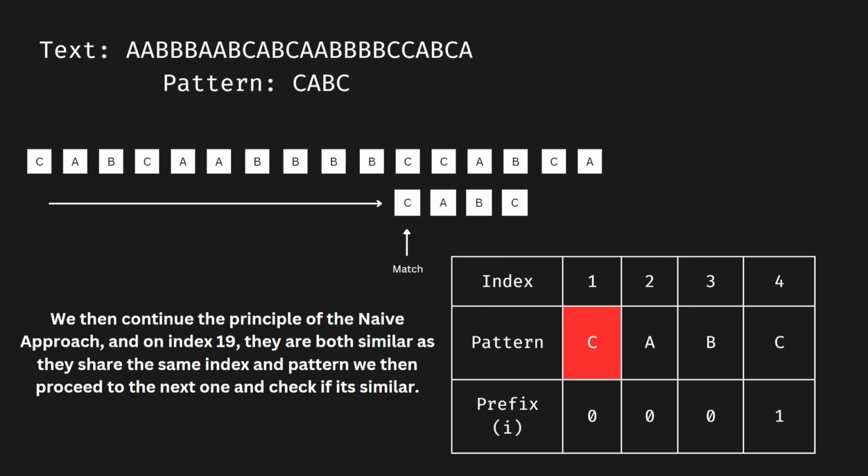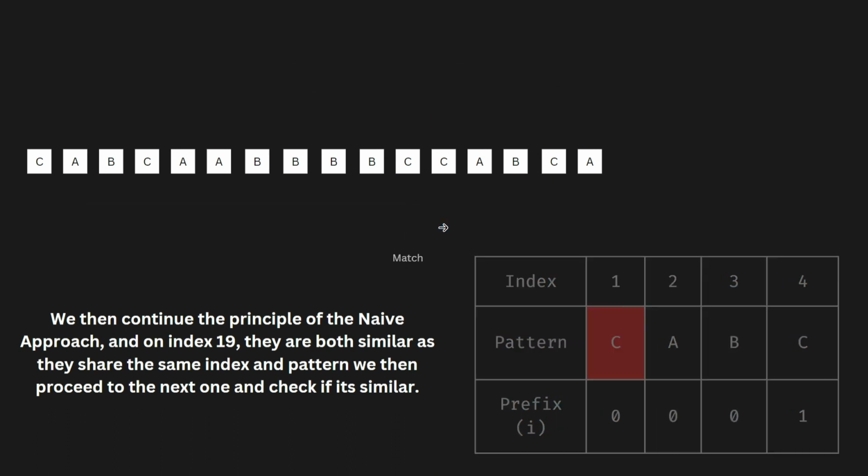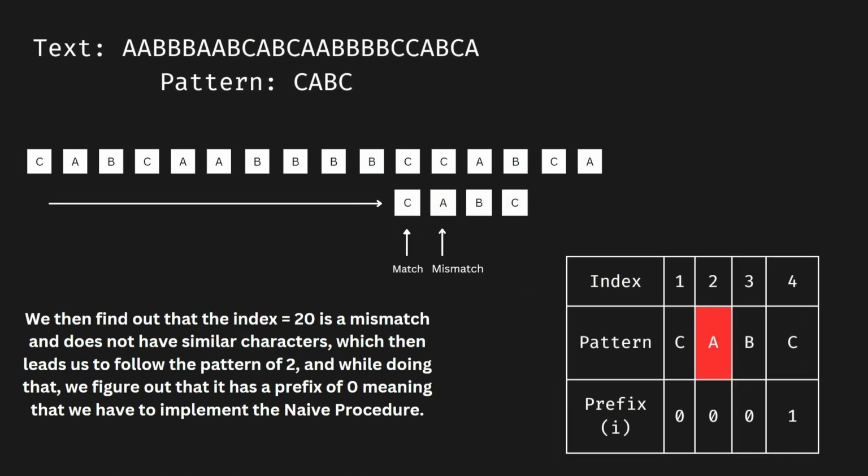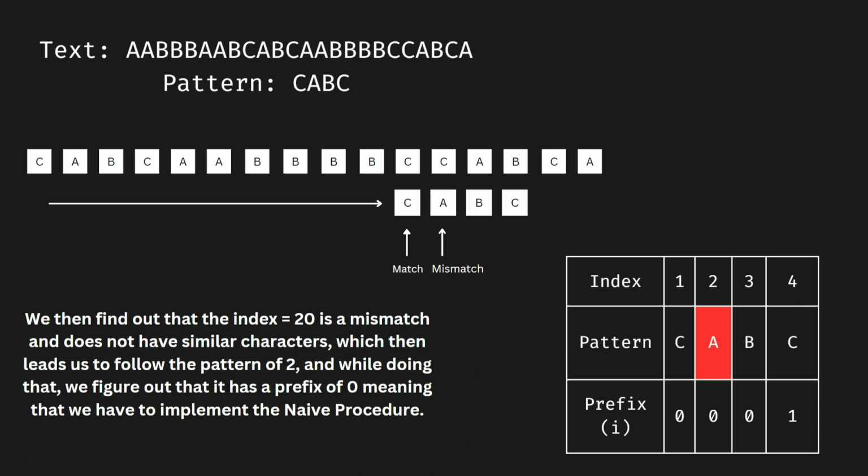We then continue the principle of the naive approach, and on index 19, they are both similar, as we can see here. Since they're both similar, let us proceed to the next one and see if it's similar. We then find out that index 20 is a mismatch between the pattern and the substring.